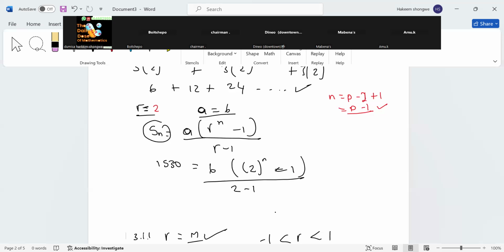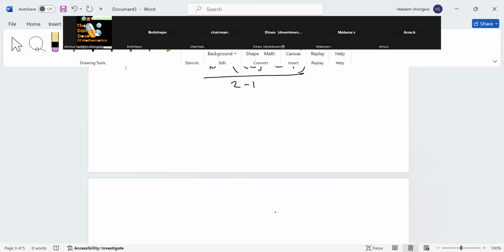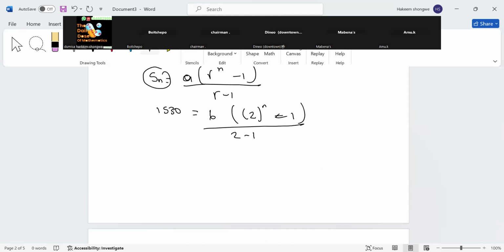Over the matter of cross multiplication, this one gives us 2 minus 1, which is 1, so we don't have to worry about it. So we have 1530 equals 6 open bracket 2 to the power n minus 1.